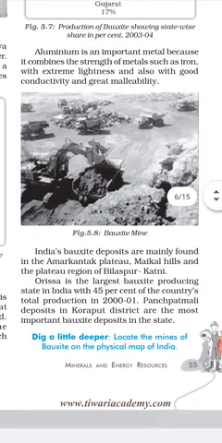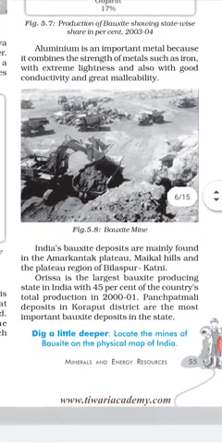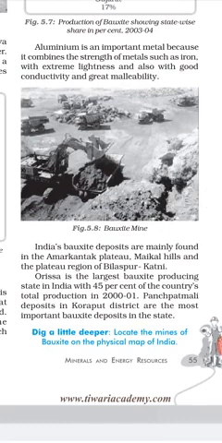Again, let us come back to the bauxite deposits in India. Earlier we saw in the map, they are found in the Amarkantak Plateau, Maikal Hills, and the plateau region of Bilaspur-Katni. They are the main bauxite deposits in India.